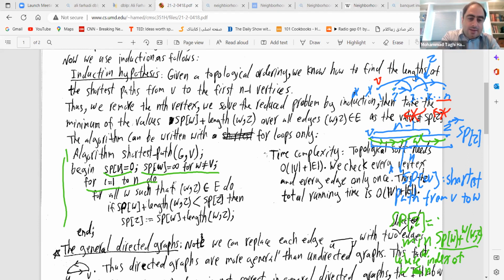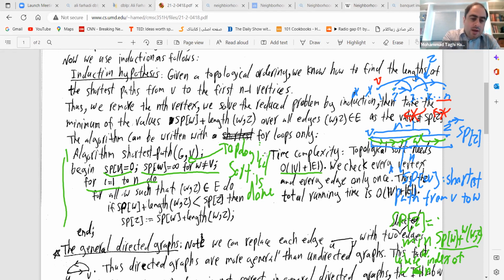We are assuming that we have done a topological sort before everything. And as I discussed, the running time of that topological sort would be V plus E.